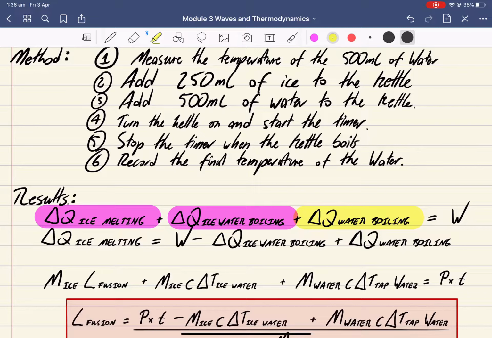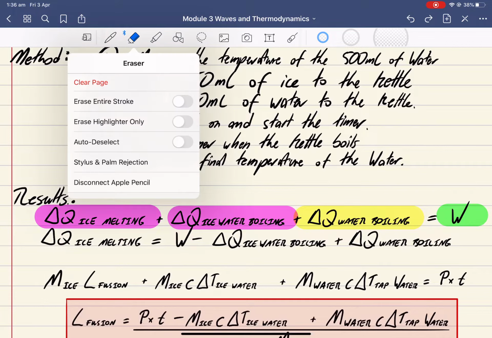All of that energy combined will be equal to the amount of energy that the kettle has consumed, which will be W. Now we can rearrange this equation.